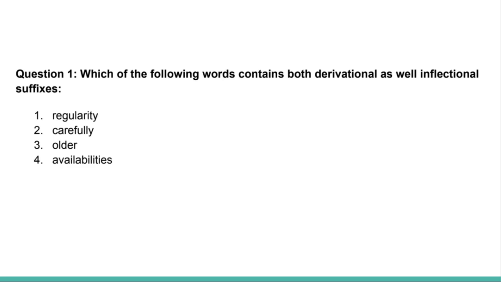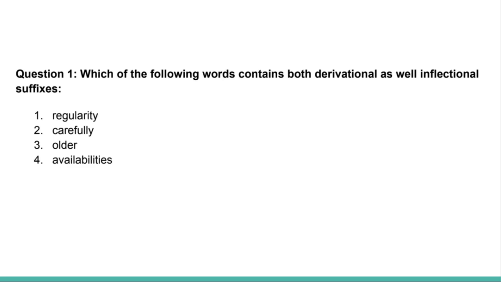So careful is an adjective, whereas when I say carefully, carefully is an adverb. It is very common that you add the suffix -ly to derive an adverb from an adjective.